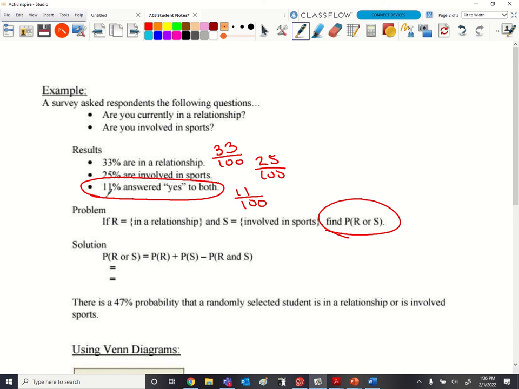So P of R, R's relationship, so that's going to be 33 over 100 plus 25 over 100. And then I'm going to subtract what they have in common, the intersection of the two, the ones that are in both categories. 11 out of 100.